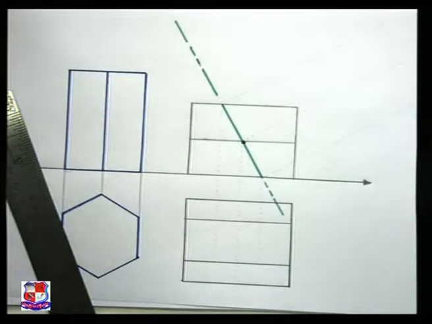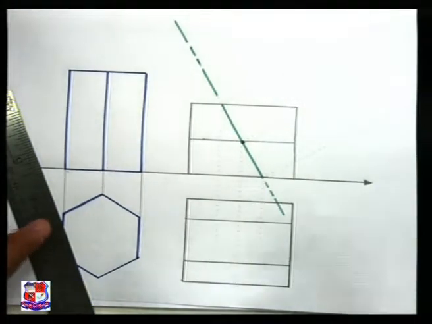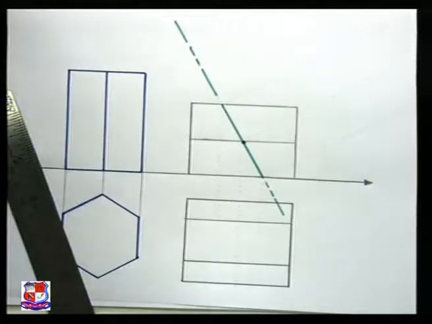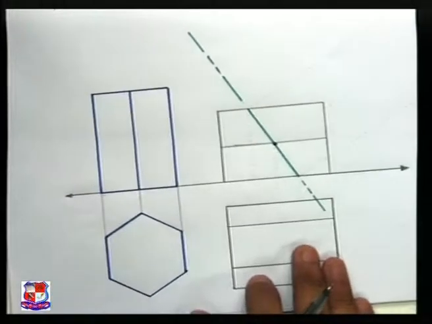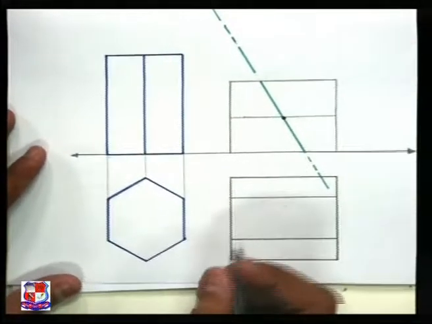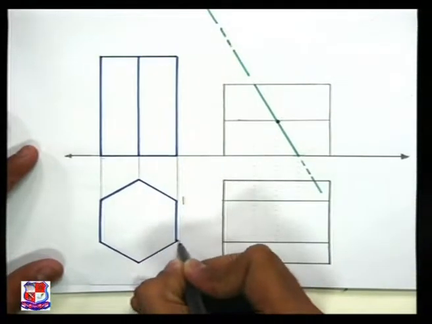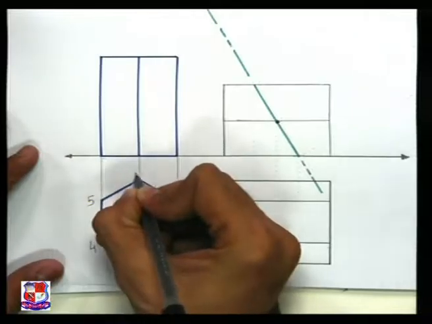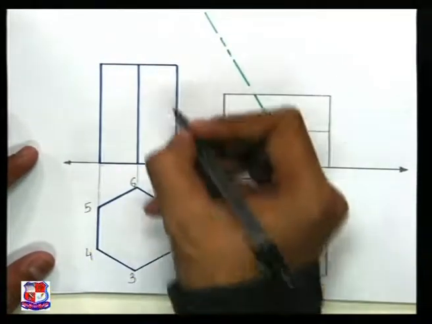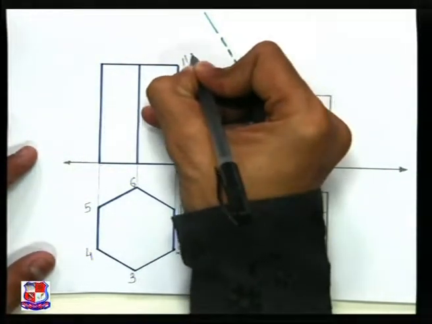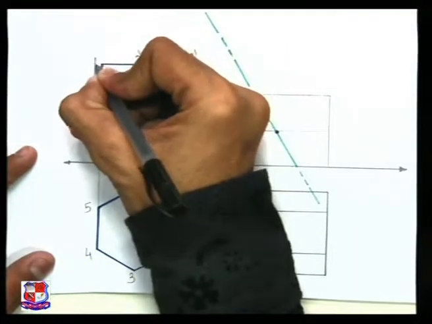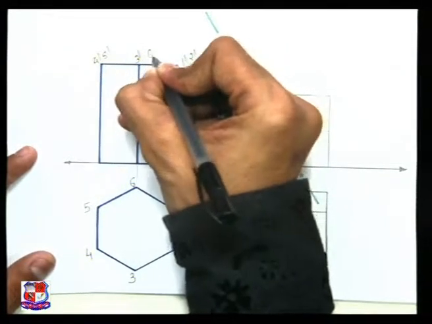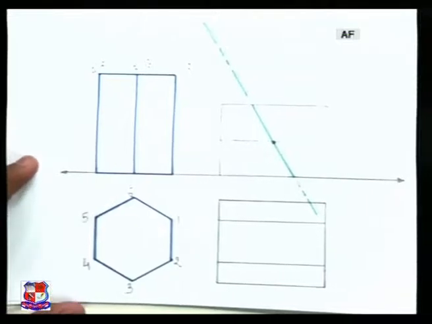And now find the points of intersection between this cutting plane line and the respective edges. So for that, let me name the end points. We start from here, point number 1, 2, 3, 4, 5, 6 endpoints are there, and accordingly 1 dash, 2 dash, 3 dash, 4 dash, 5 dash and 6 dash, 6 points are there.